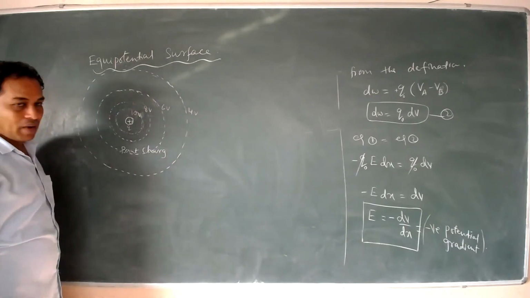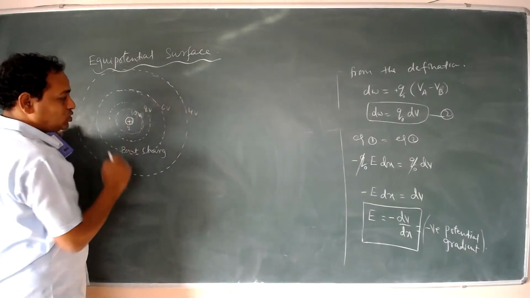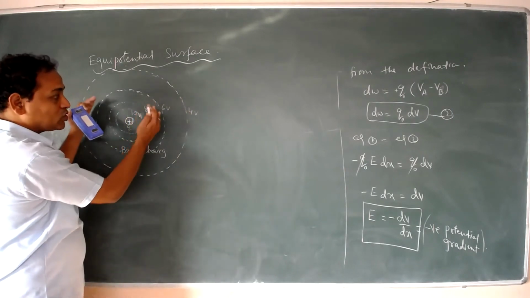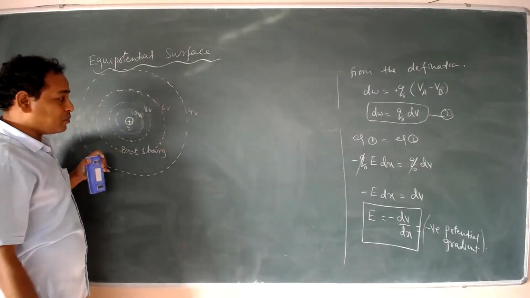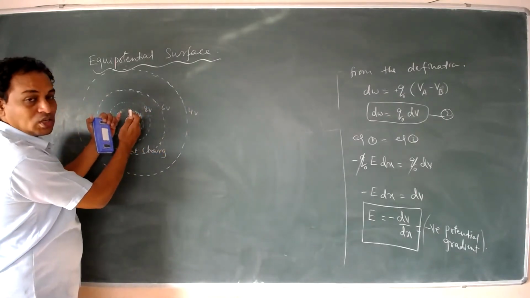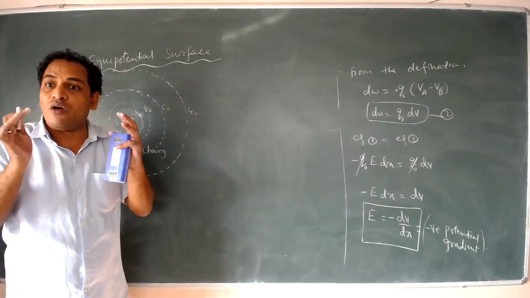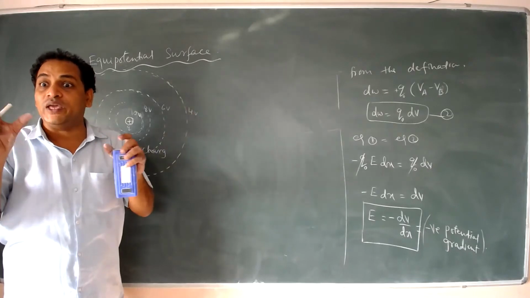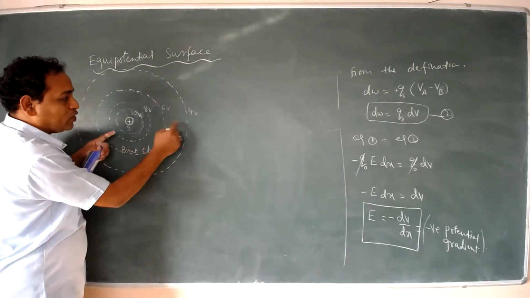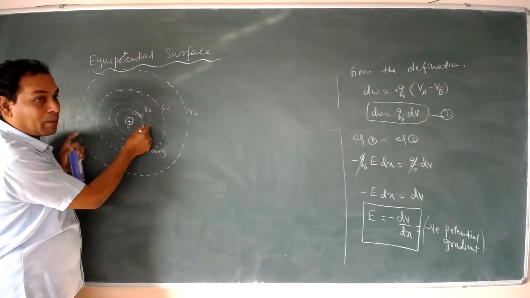It is to be kept in mind that as we move away from the charge, the distance between the equipotential surfaces will increase. That means close to the charge, the equipotential surfaces will be nearer. As we move away, the distance between them will increase. See, between these two the gap is this much, but whereas if you see these two, here the gap is small.